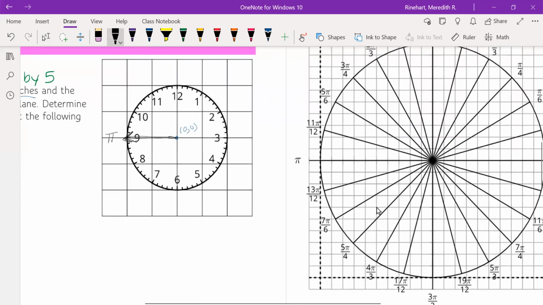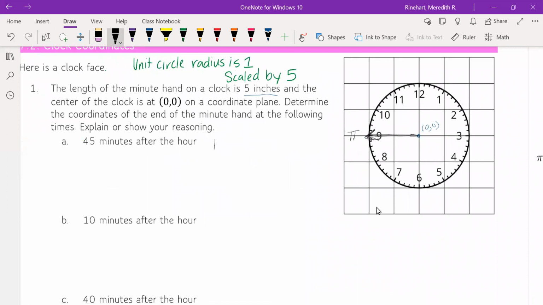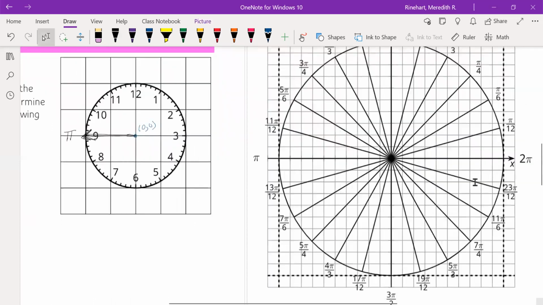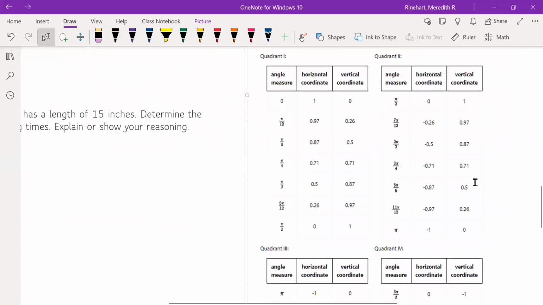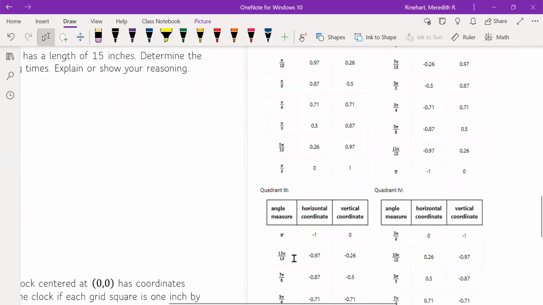So our radian measure is pi here. If we look down at our chart, our estimated values at pi are -1, 0.